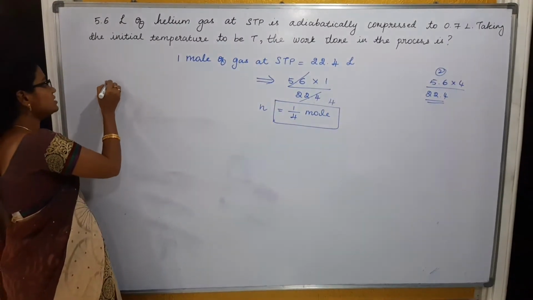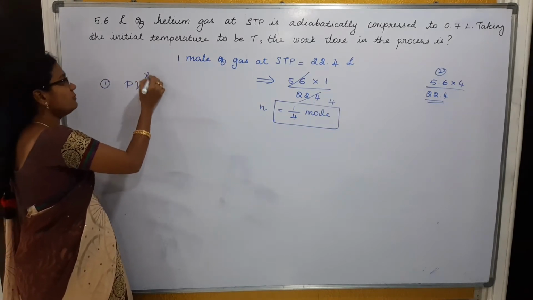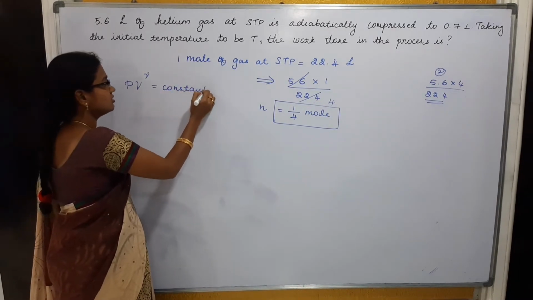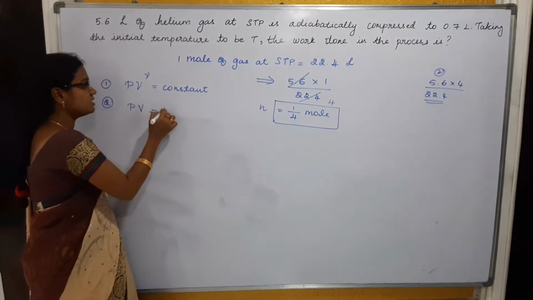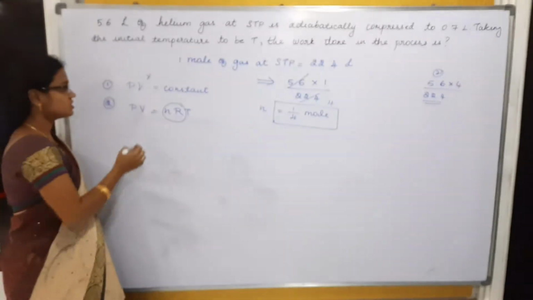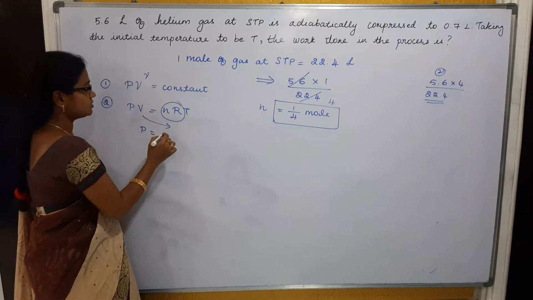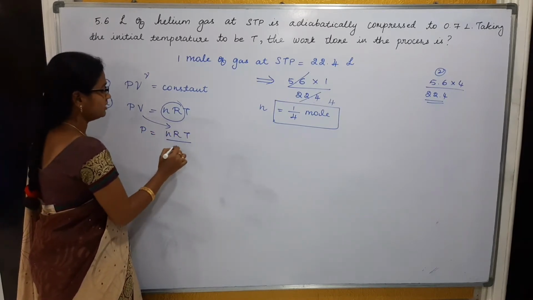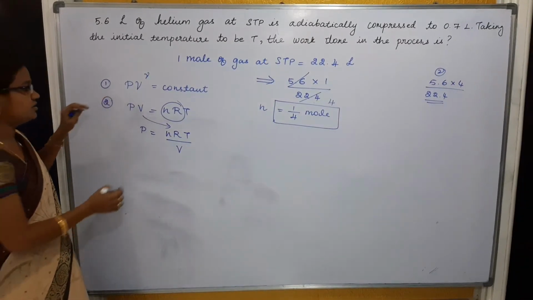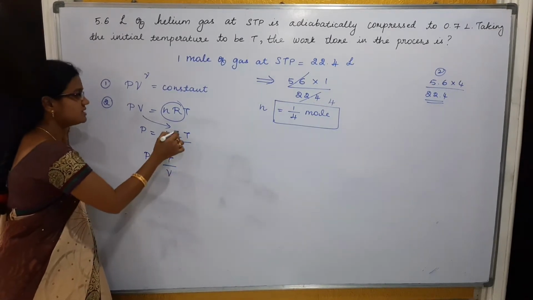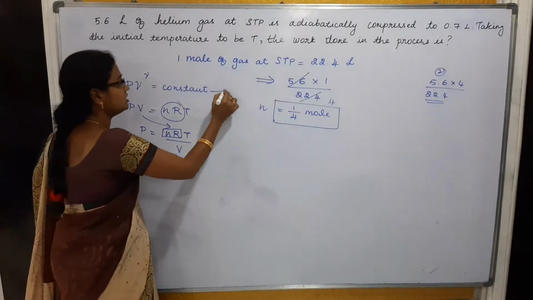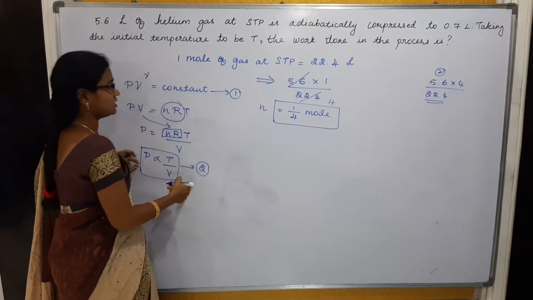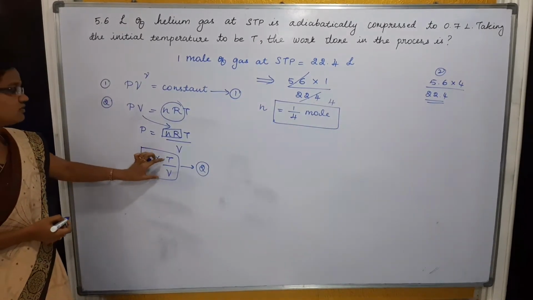For the adiabatic process, PV to the power gamma is equal to a constant. We relate this with the ideal gas equation PV equals nRT. nR is a constant, so taking V to the right-hand side, we get P equal to nR into T by V. So P is directly proportional to T by V. Substitute this value in the first equation, converting P to T by V.